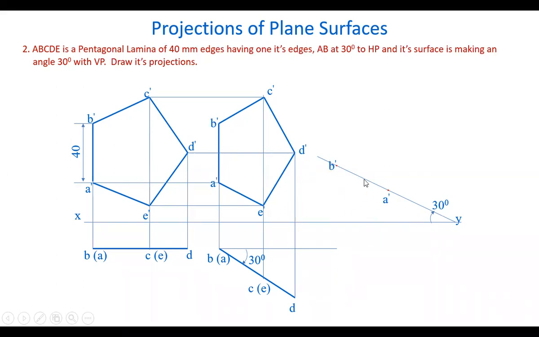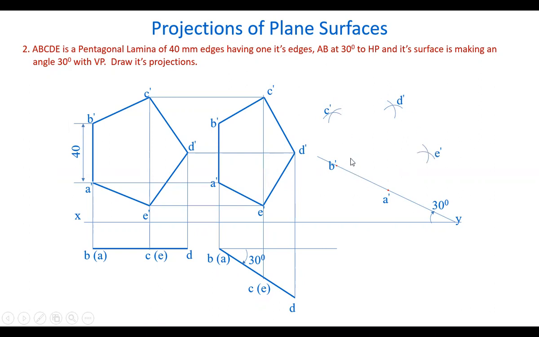So with these two reference points, get all the remaining 3 points. With the distances AC and BC, we draw 2 arcs. Similarly, with the AD and BD distances, we draw these 2 arcs, that is D. Similarly, E also. Like this, we get all the points in the front view.